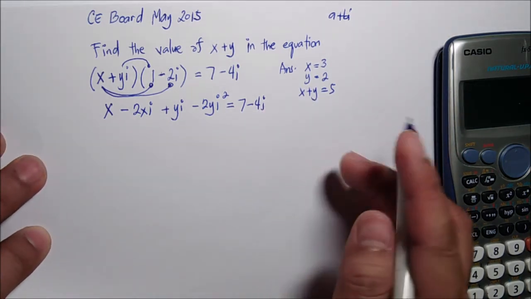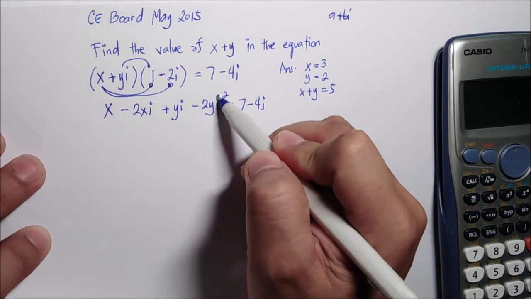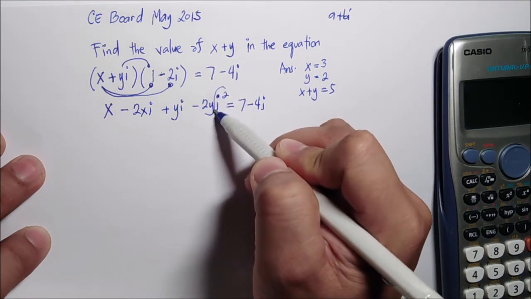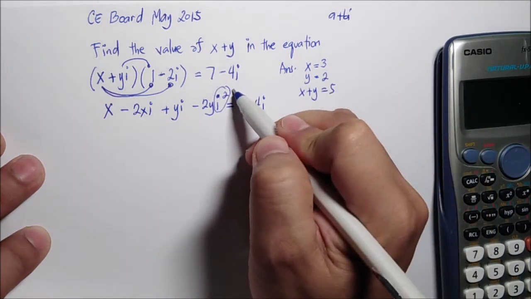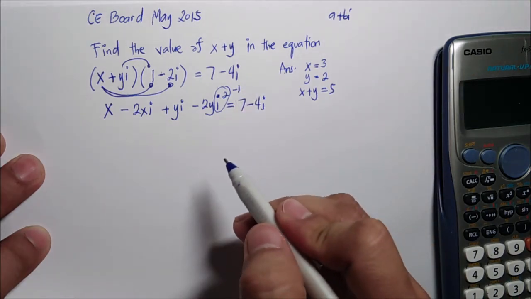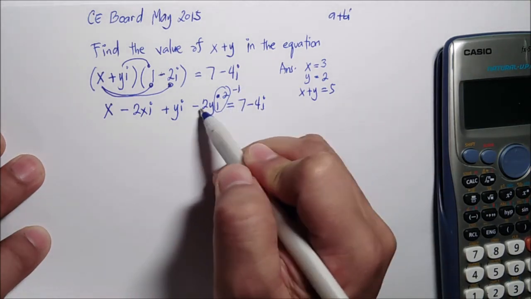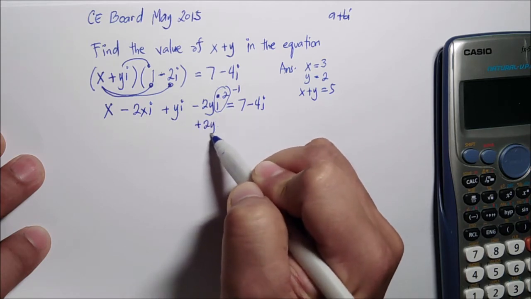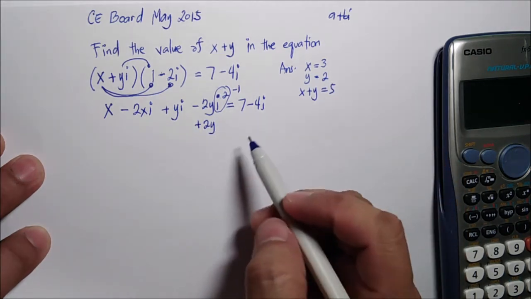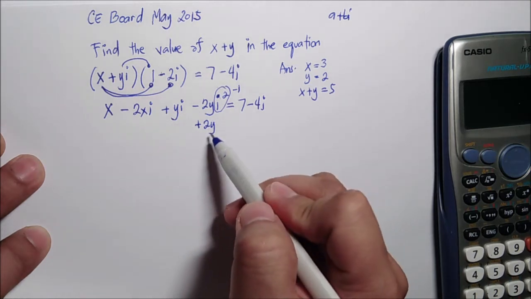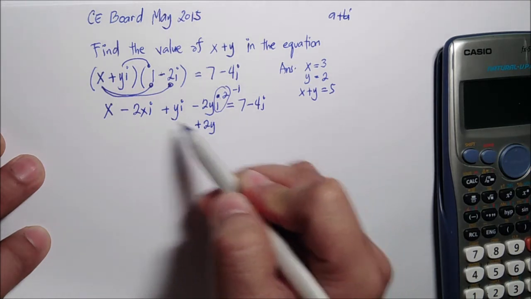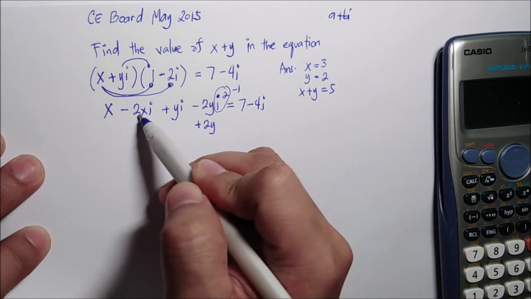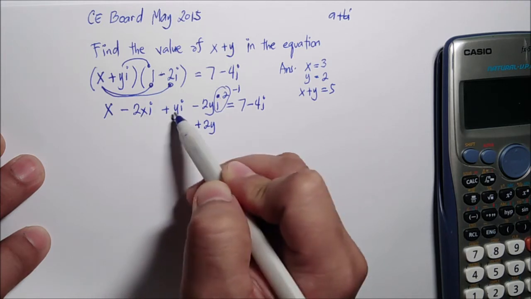Okay, and i squared is equal to negative 1. Therefore negative 1 times negative 2y is plus 2y. If you check this one, this is the real part of the complex number, x and 2y, and this is the imaginary one.